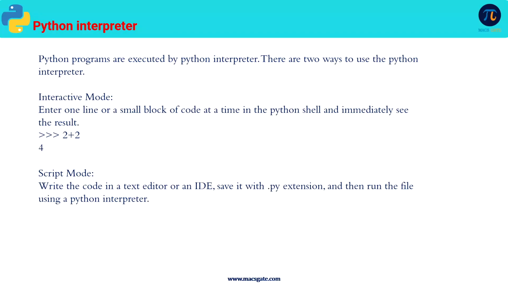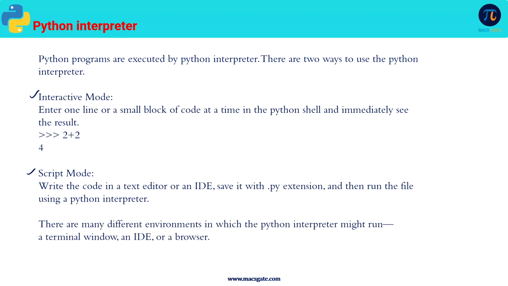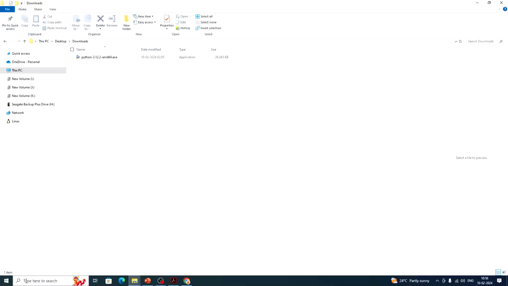So in Python, we can run individual commands using interactive mode and run the entire program using script mode. There are many different environments in which the Python interpreter might run, like a terminal window, an IDE, or even a browser. Let us see how the Python interpreter runs in a terminal window.